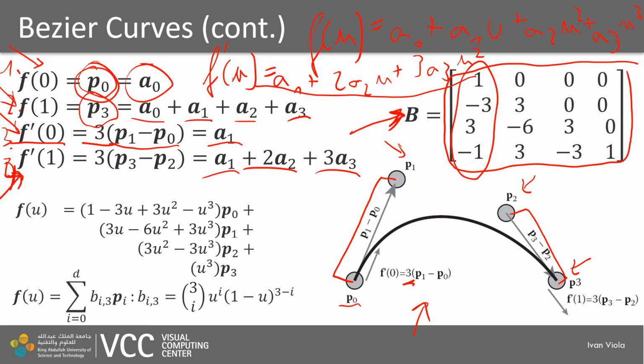So the formula is available here, and we can see that the point P0 is associated with this polynomial of degree 3. Here P1 is associated with another polynomial of degree 3. The same holds for P2 and for P3.